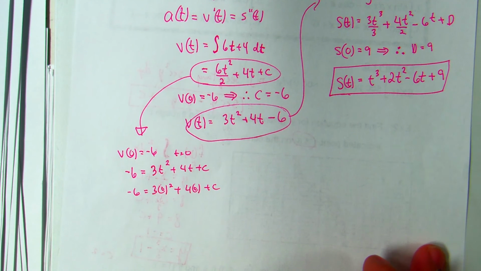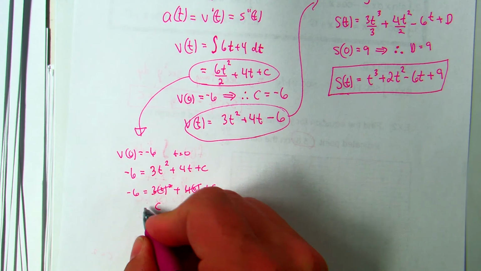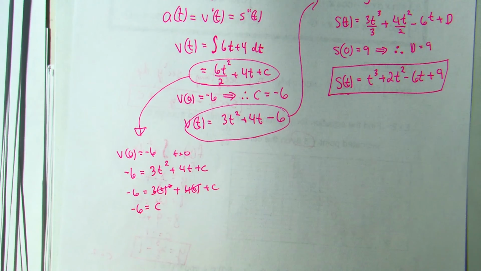So that goes away, that goes away, and c is going to equal negative 6.